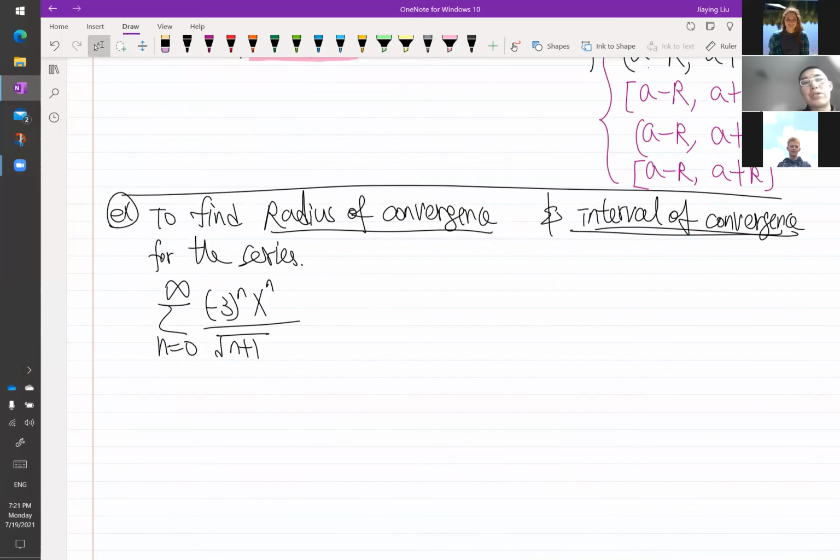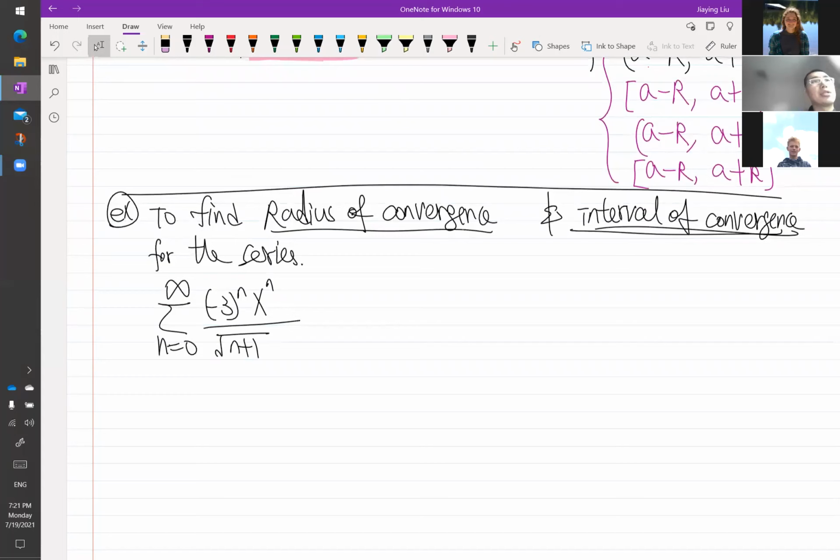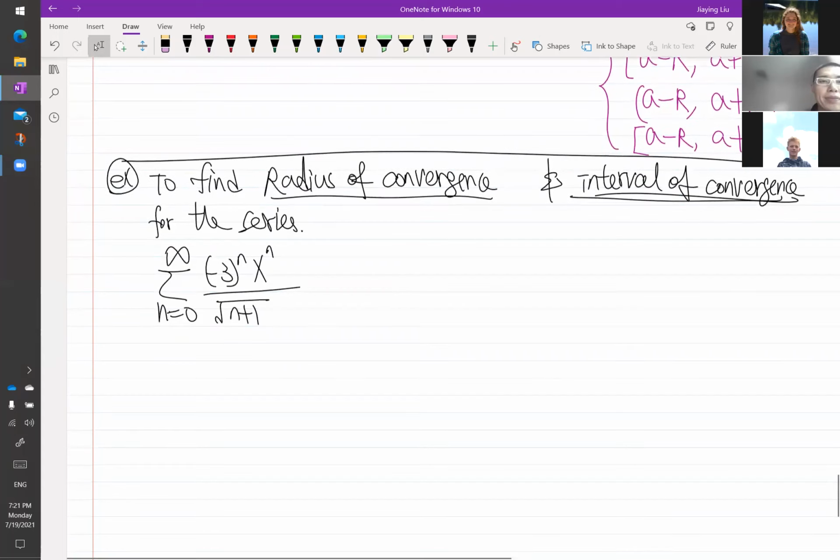So the first thing we're going to do: if we want to know the radius of convergence, we need the r value, and for the interval of convergence, we need to know all the x values, right? So we're just going to follow what we did before.